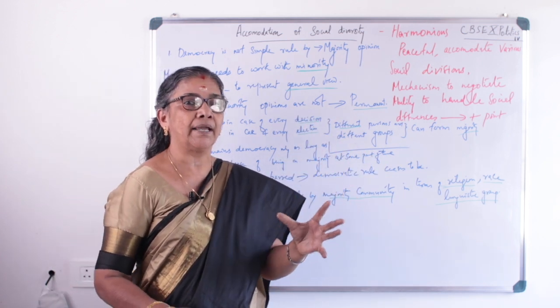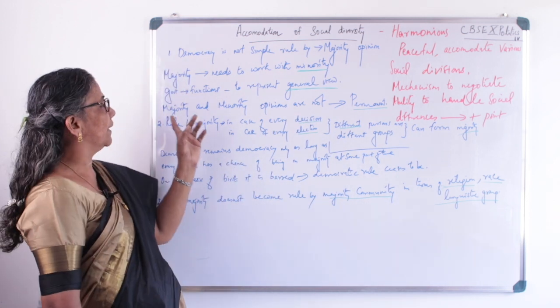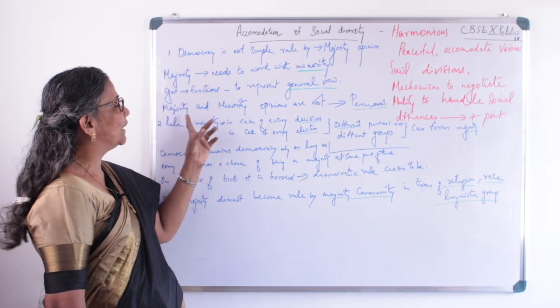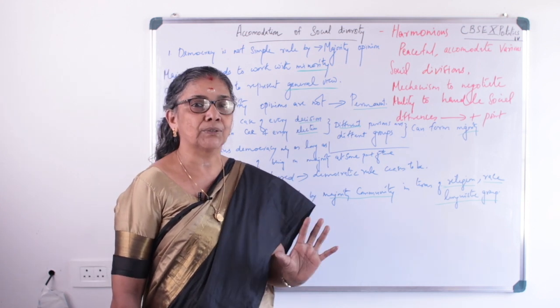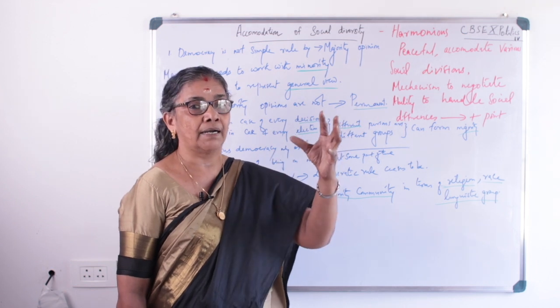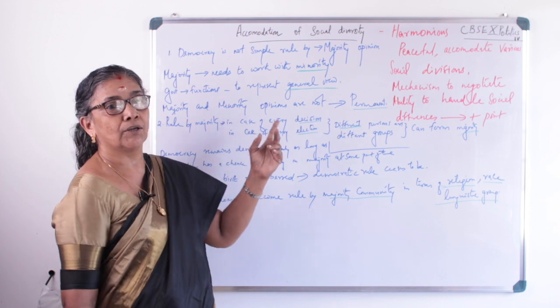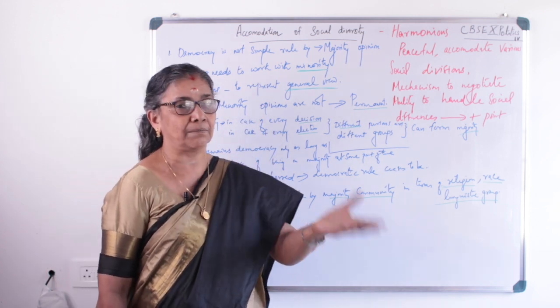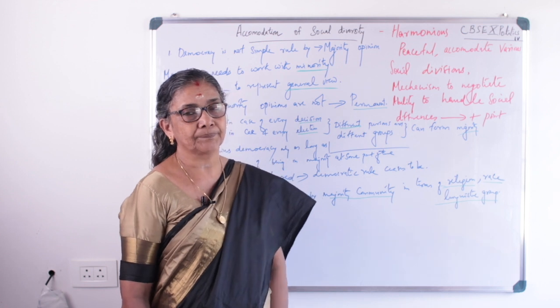Both majority and minority we have to take into account. And what is another important point? Majority and minority opinions are not permanent. What the majority says one time may not hold in the long run. That means majority and minority opinions may change. They are flexible, so they are not permanent.